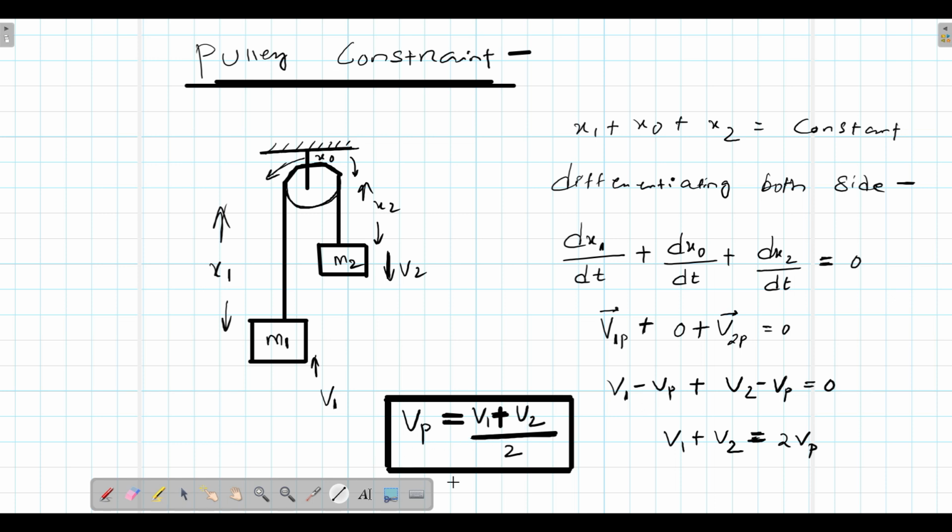So let's do one example based upon this pulley constraint. The question is given.